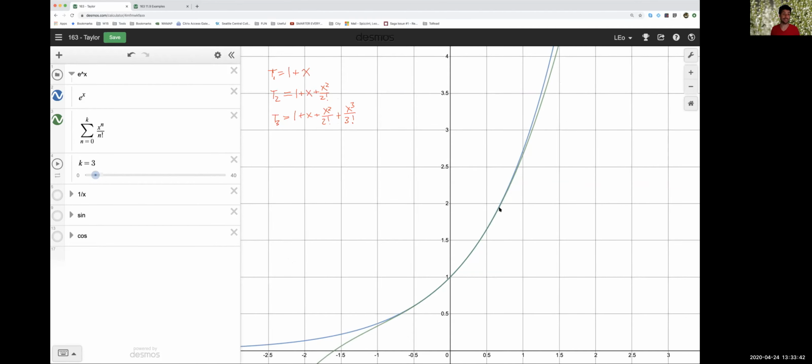And the idea is, for every value of x, if you compute these nth degree Taylor polynomials, the sequence of partial sums leads to the value of the function at that value of x. Okay, there's kind of a lot of moving parts here, but it's a whole bunch of partial sums, just like we were doing in the beginning of the quarter. Okay. All right, let's go back to the paper now.